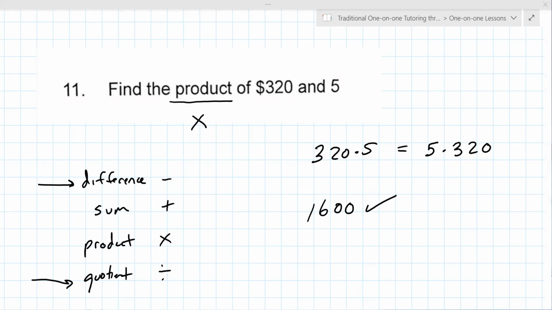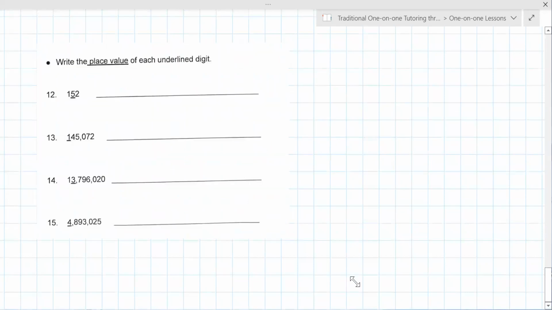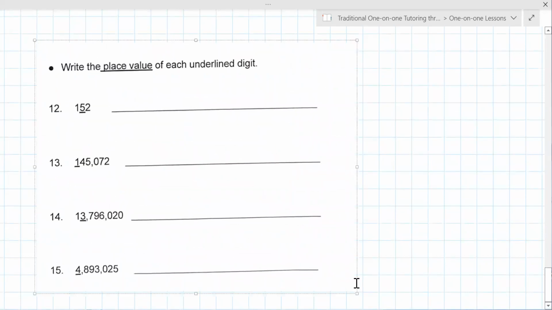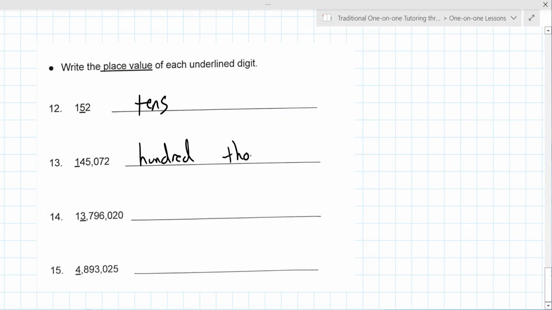So the next one, this is something you probably learned earlier. Do you want to just do the tens? Yes, that's the tens. Tens, the 100,000. Yes, that's correct. And they are sometimes grading you on spelling, so you may want to ask about that or get really good at that.